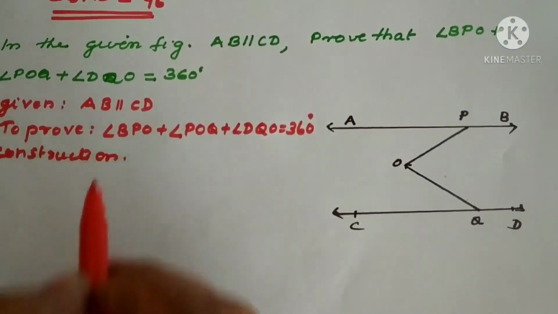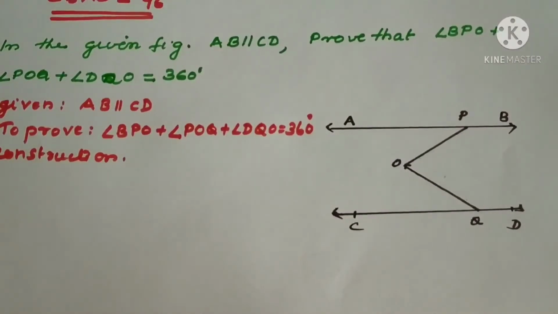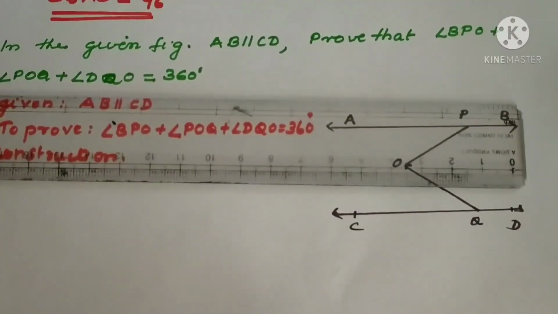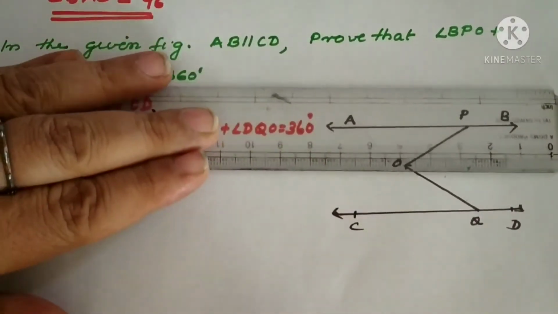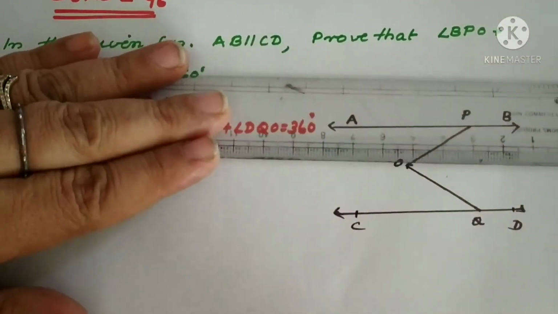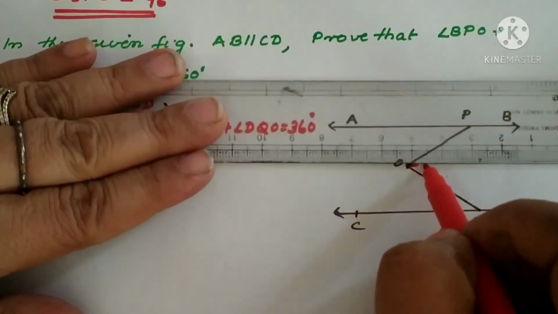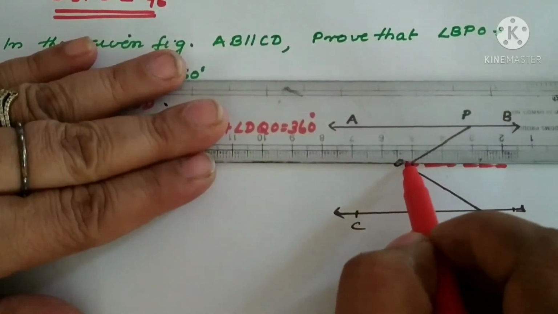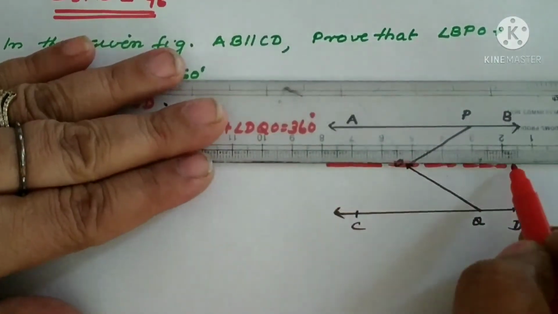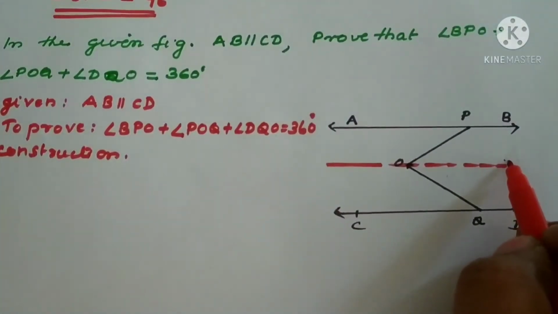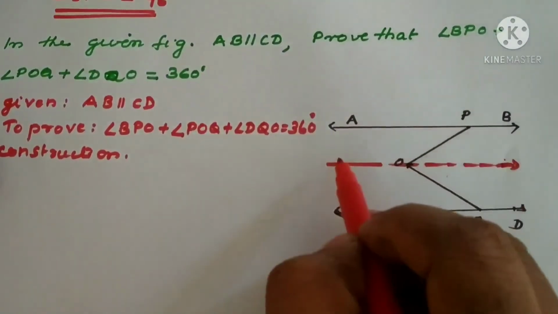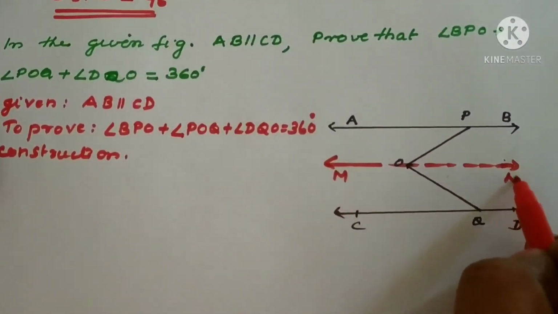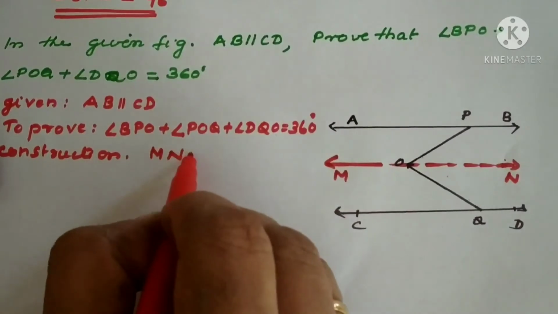For this question, construction is required. What we are doing means through O, we are drawing a line which is parallel to AB. MN parallel to AB.